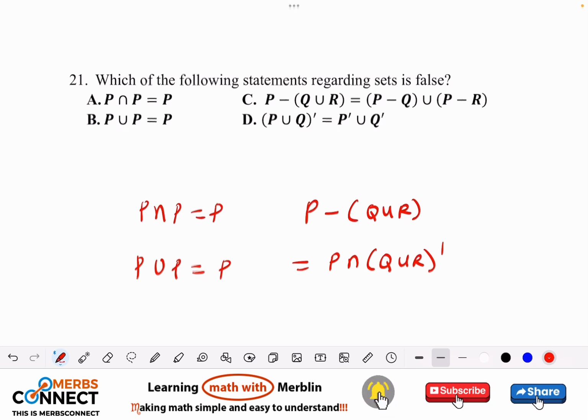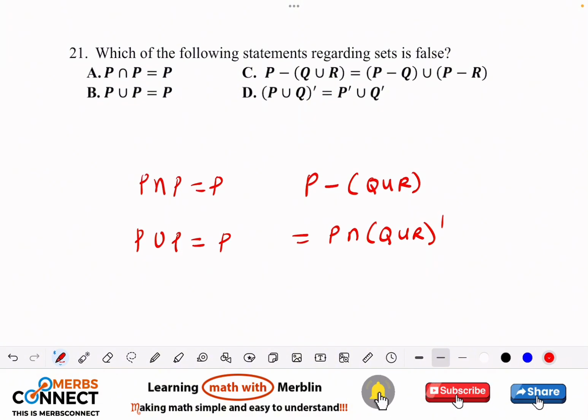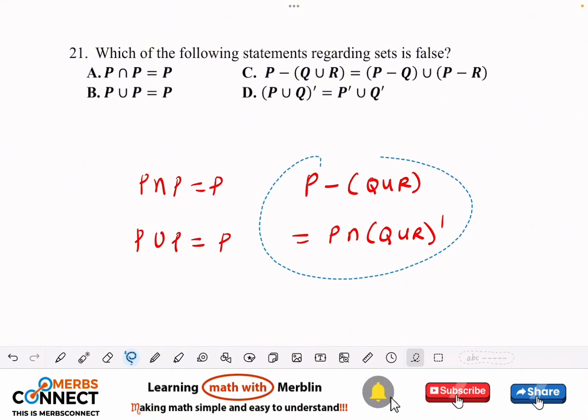Do you remember something like this? Yes, you do remember, right? So we can have something like this. But is this true that this is the same as what we have here? So for us to do this, we can just use the proof to see if it is true, right? But before we talk about the C, let's look at D.